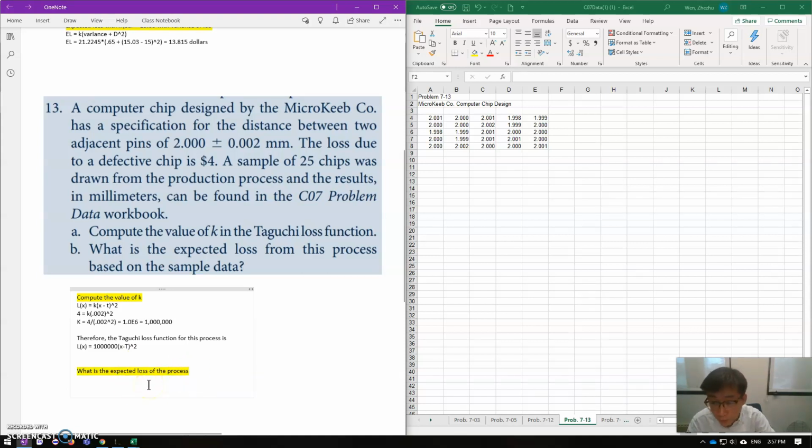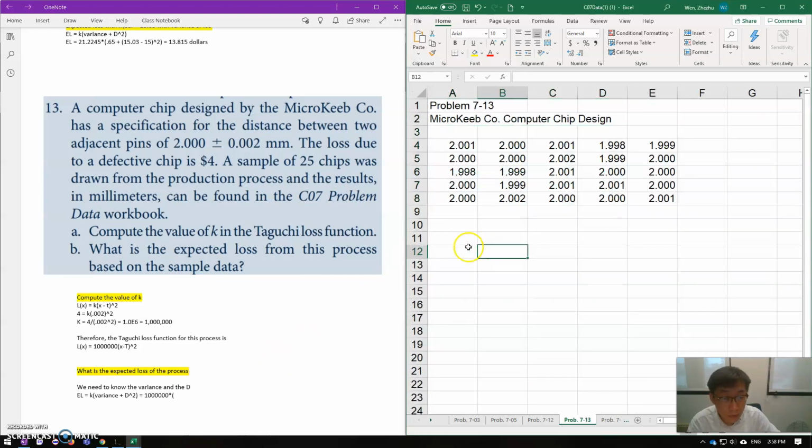We need to know the variance and D, because expected loss equals K times (variance plus D squared), right? And because K is known as 1 million, we just need to get the variance of these values. If you remember, it is simply the variance of the sample.